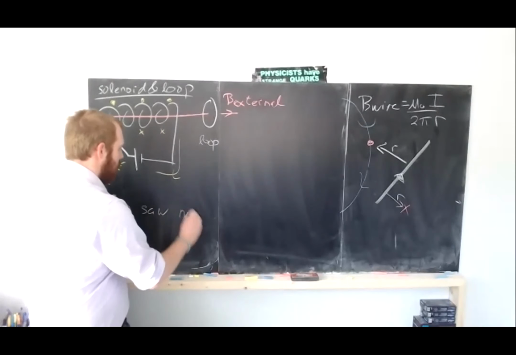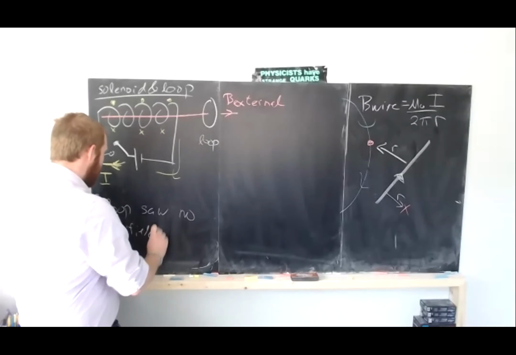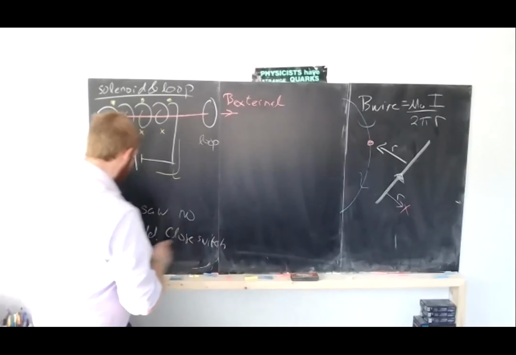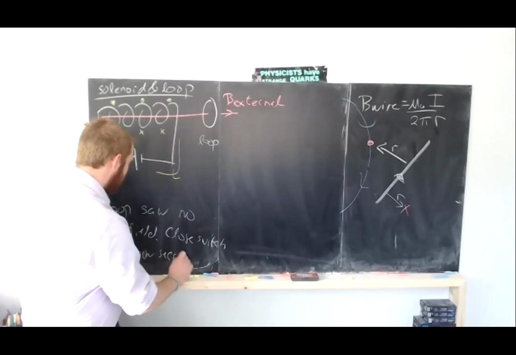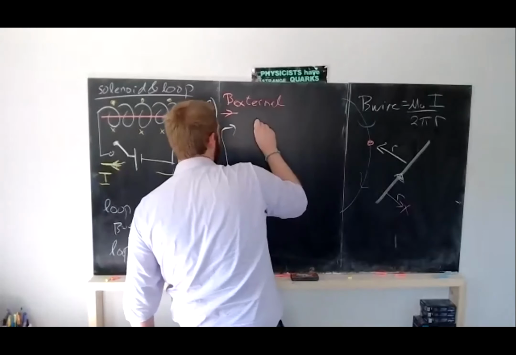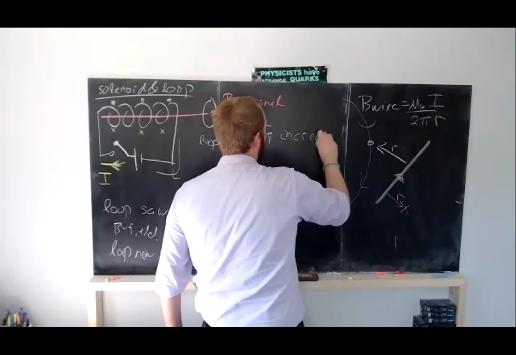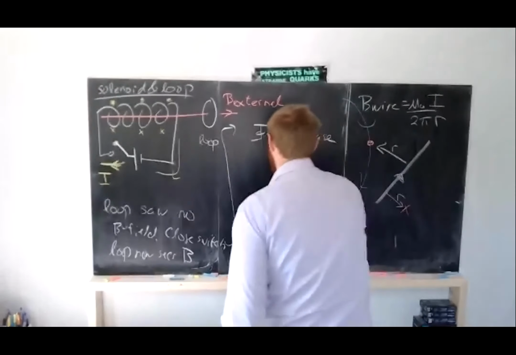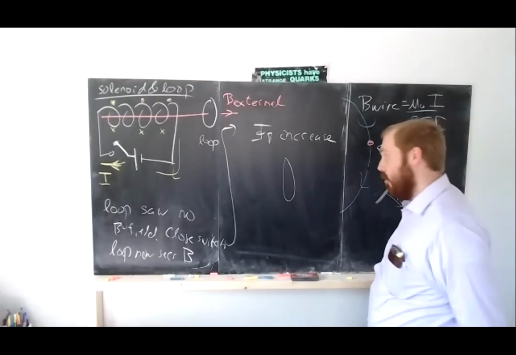So the loop went from seeing no B field, and we close the switch. So we say the flux increased, so the loop needs to induce a field going the other direction.